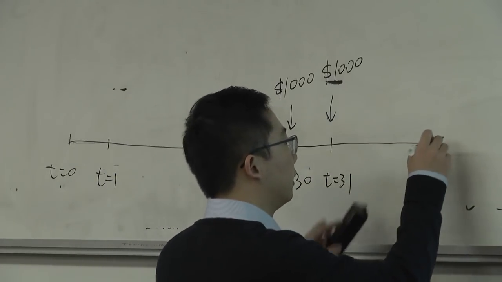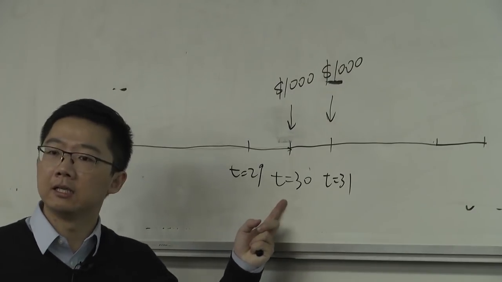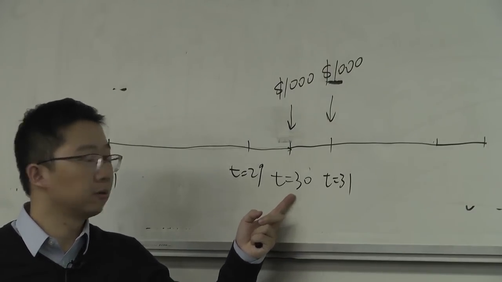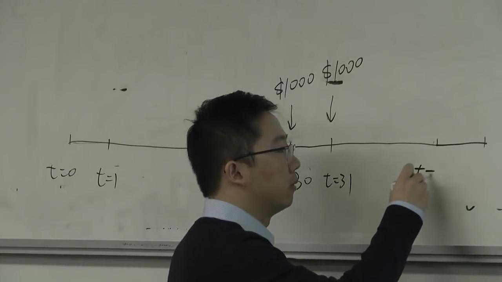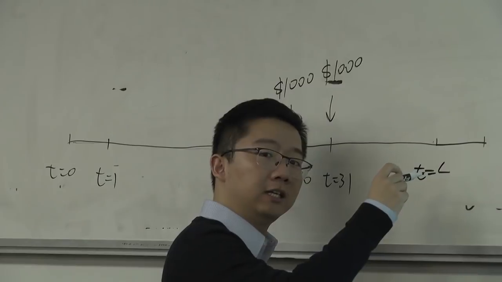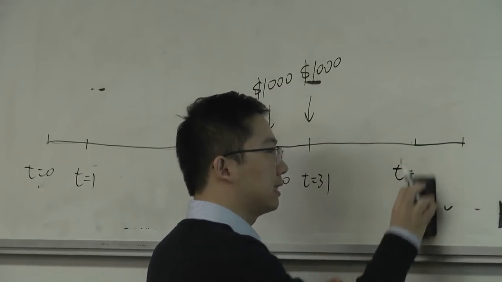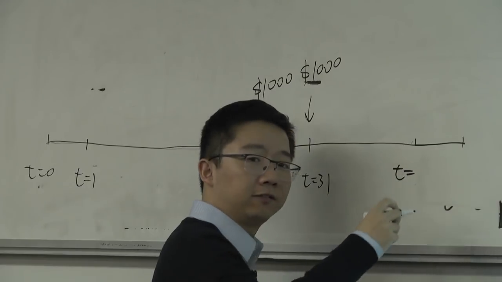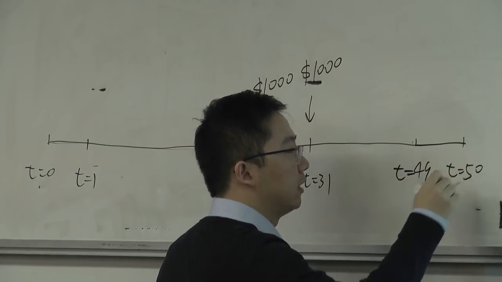If your first payment is t equal to 30, and there are 20 payments, so the last one should be what? 50. Let's count like 50 or 49 or 51. So let's draw 49 and 50.